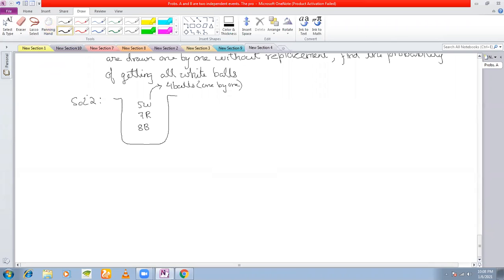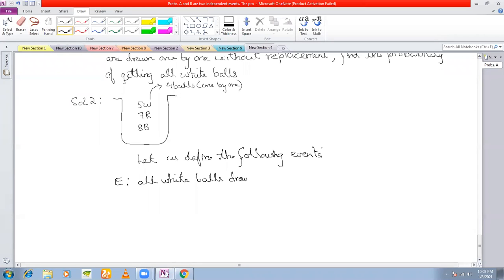So let us define the events first. What would be the first event? The first event will be all white balls drawn. That is our first event.